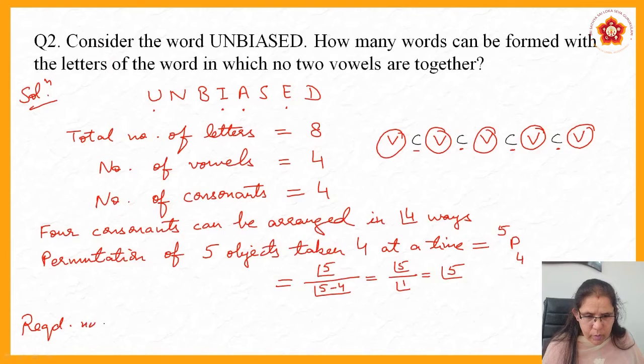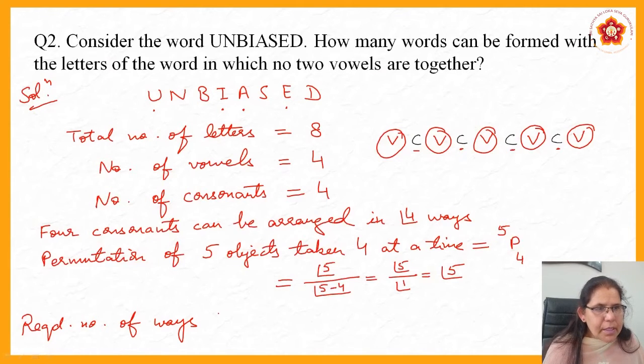So the required number of ways, that means the number of words that can be formed with the letters of the word unbiased in which no 2 vowels are together, will be factorial 4 multiplied by factorial 5.